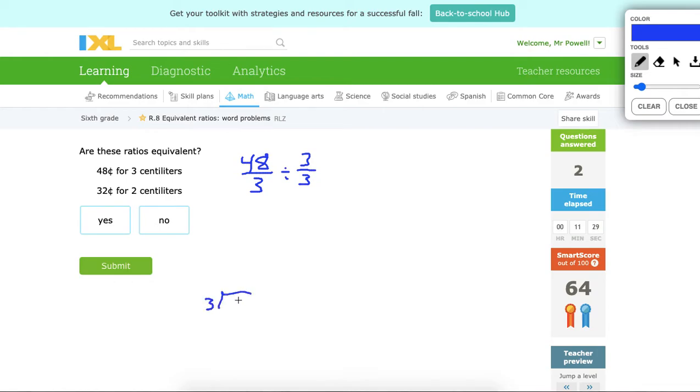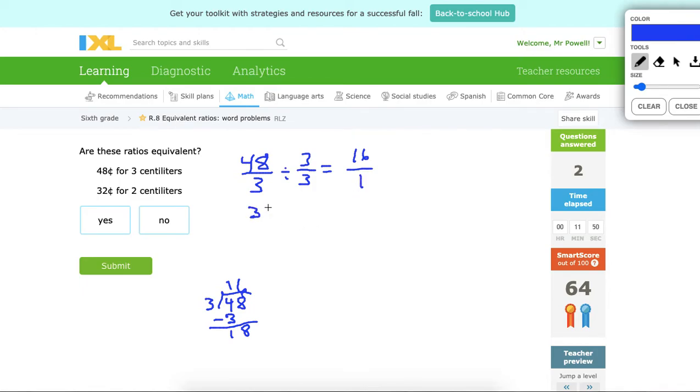3 into 48. 3 goes into there one time. 3 minus that down, we get 18, and 3 does go into that 6 times. So we end up with 16, so that would be 16 over 1.